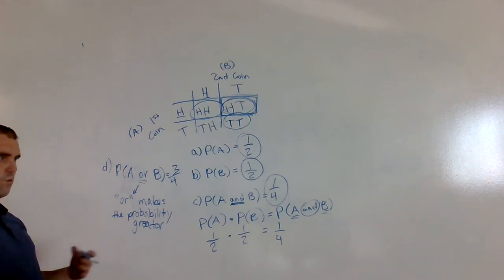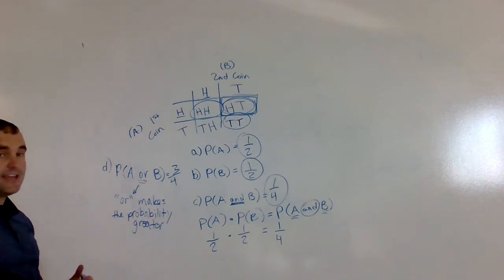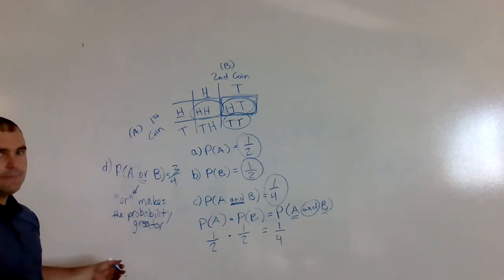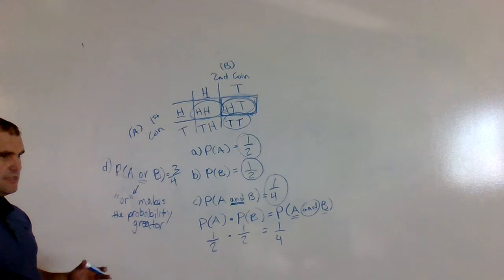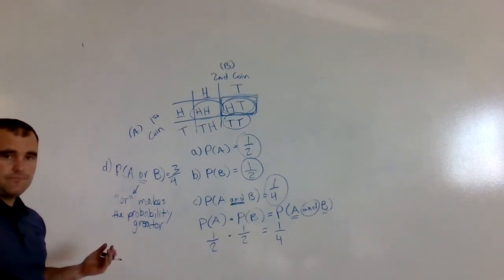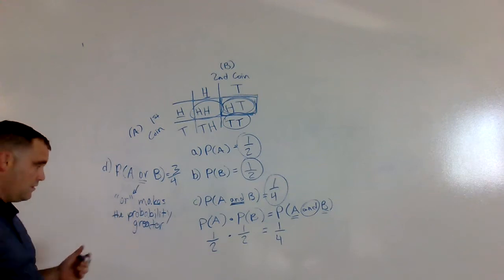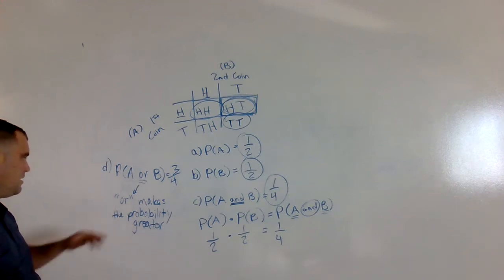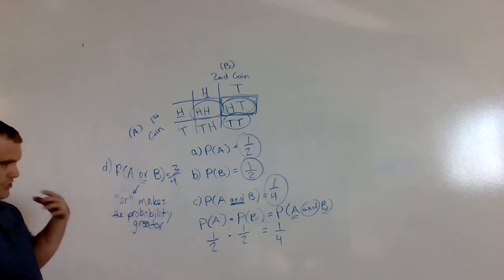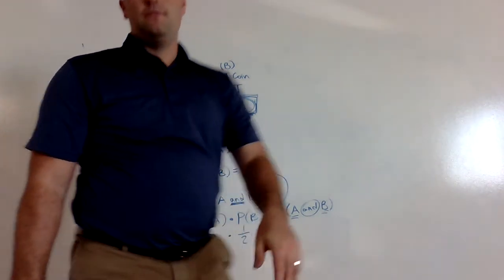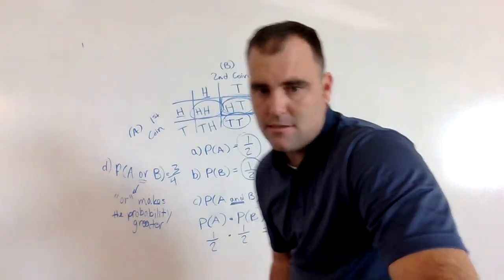Of 2 or more things happening at the same time. That's and, right? But when we're saying, well, either this or this can happen, that's going to increase the likelihood of occurrences. Whether there's only 2 occurrences or 10 occurrences or 12 occurrences, like we're going to look at in the next example. But whenever you see or, just a good rule of thumb, the probability is going to be greater than the ands.